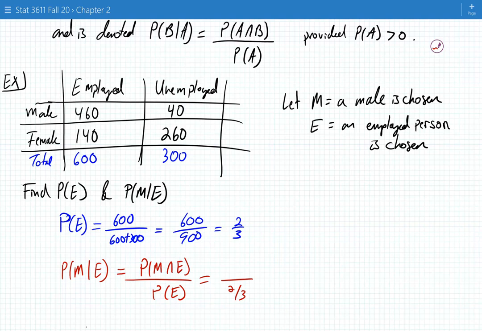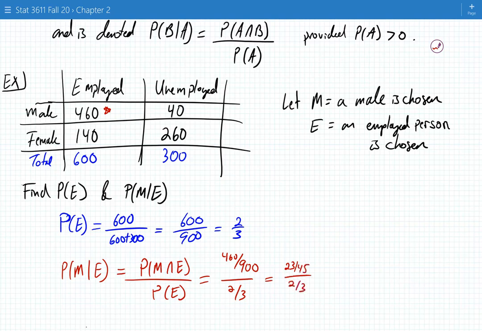Just computed that. What's the probability of the intersection? So the probability that a person is male and employed. Well, there are 460 males that are employed out of a total 900 people. So what is 460 out of 900 here? Running that through a calculator, 23 over 45.